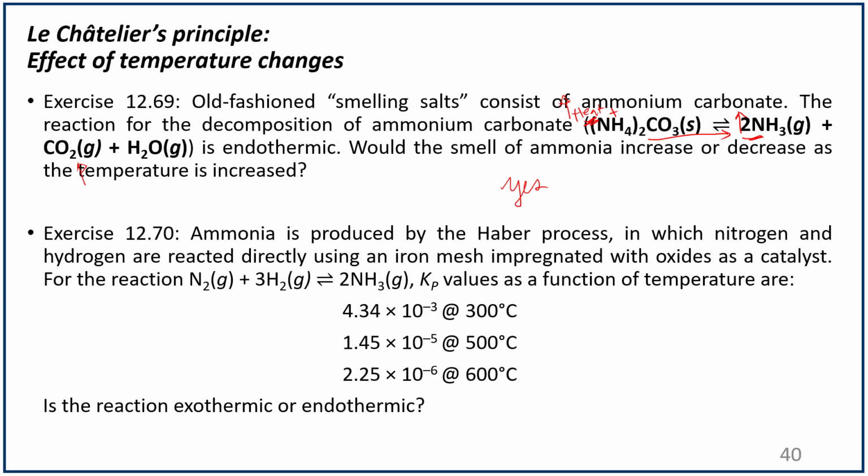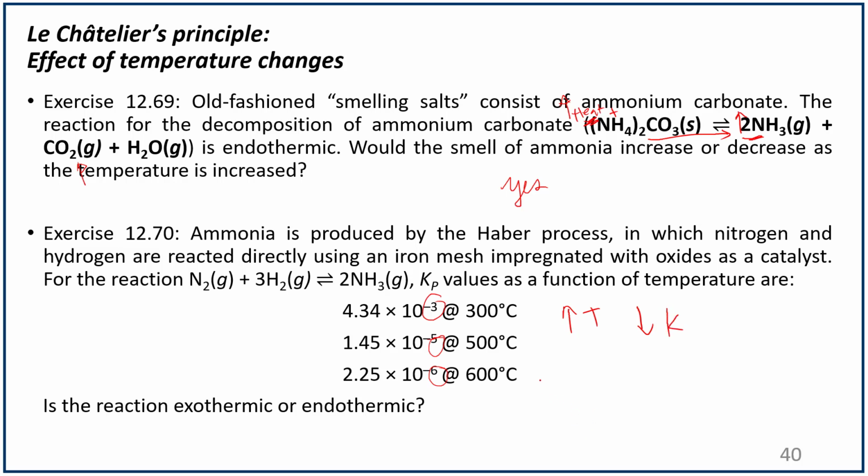And then number 70: what if this time you have the following Kp values for the Haber process? Notice that as the temperature increases, the value of K, based on the exponents of these numbers, decreases.